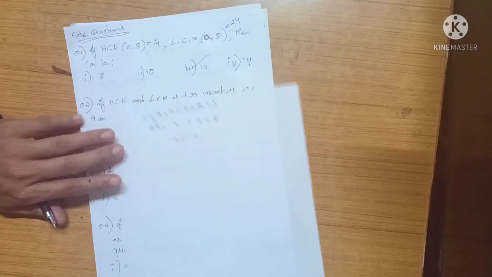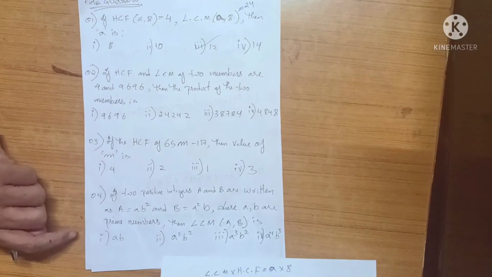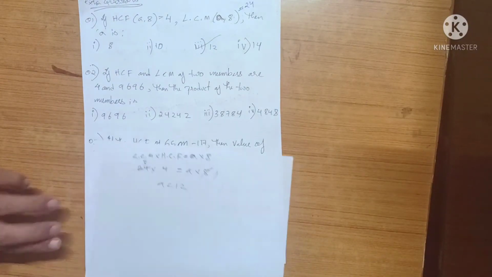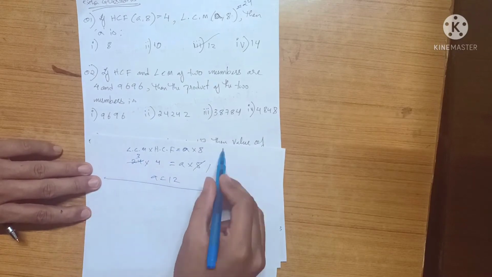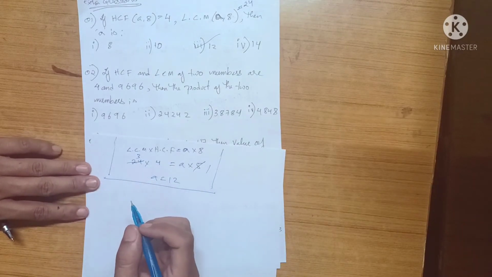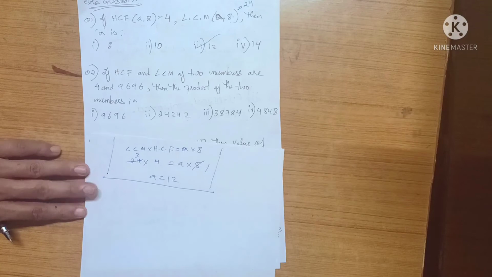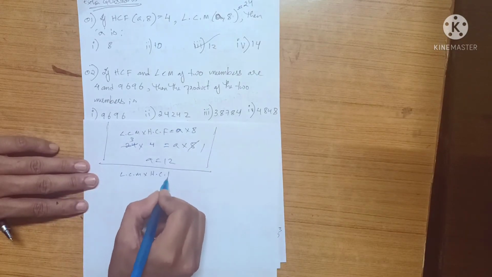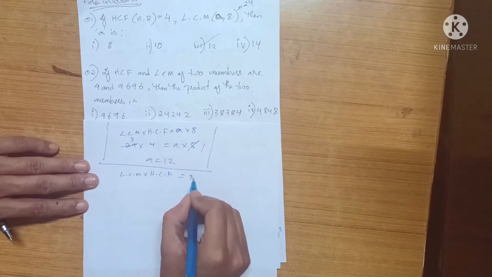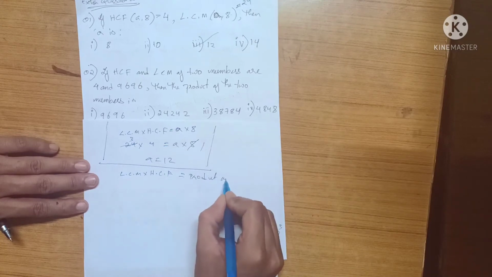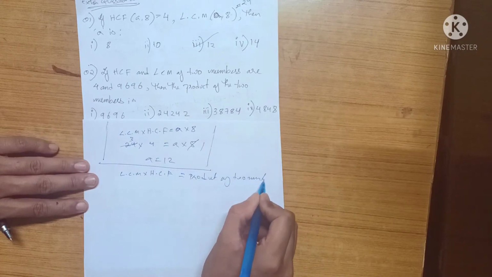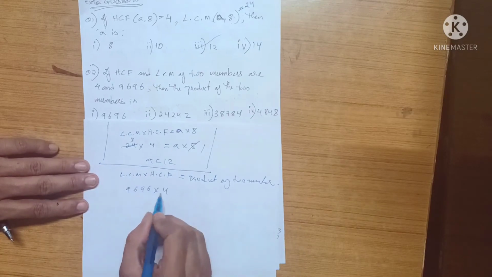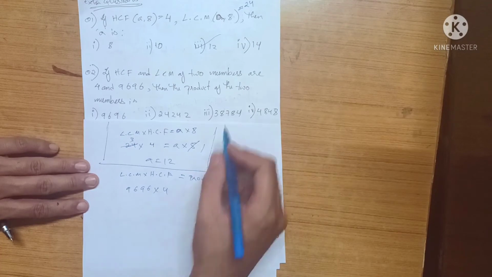So that's it. Let's try number 2. The LCM and HCF of two numbers are given, and we need the product of the two numbers. Same thing: LCM into HCF equals the product of two numbers. So LCM 6 into HCF 4 is 24.